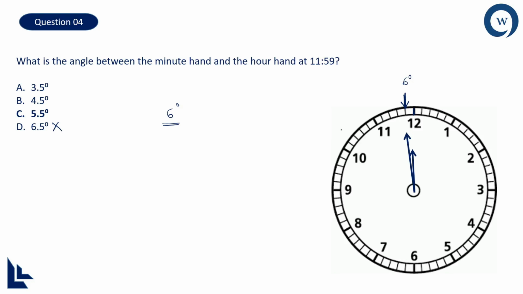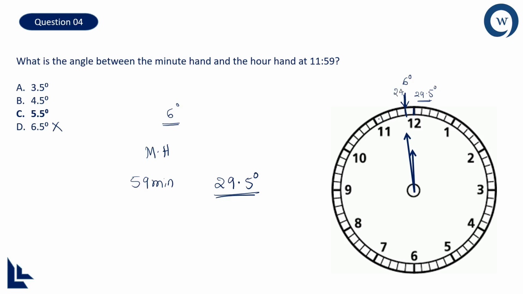Now, how to find out the answer to this question? Simple. Tell me, for 59 minutes deflection in the minute hand, what is the angle covered by the hour hand? Quickly. Half of this, which is 29.5 degree. And now this landmark, you know that it is 24, right?